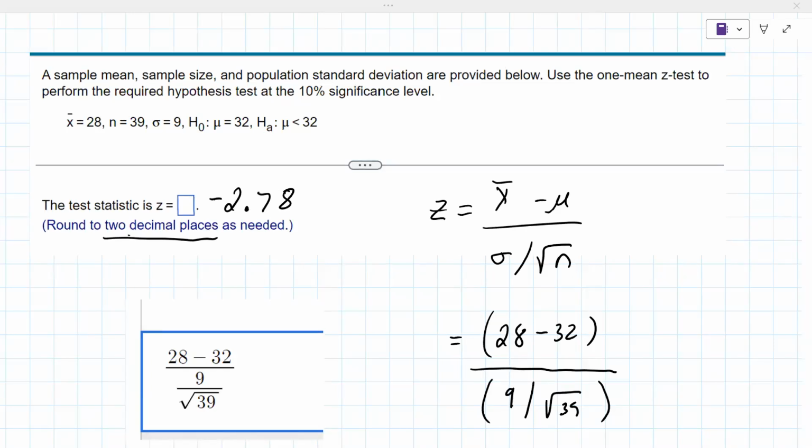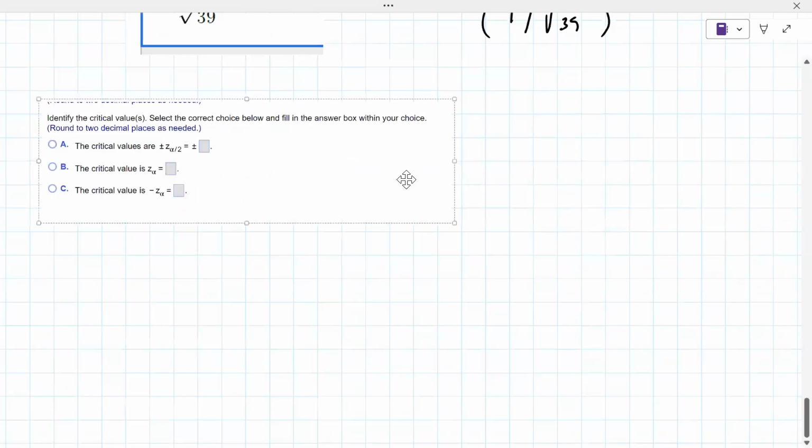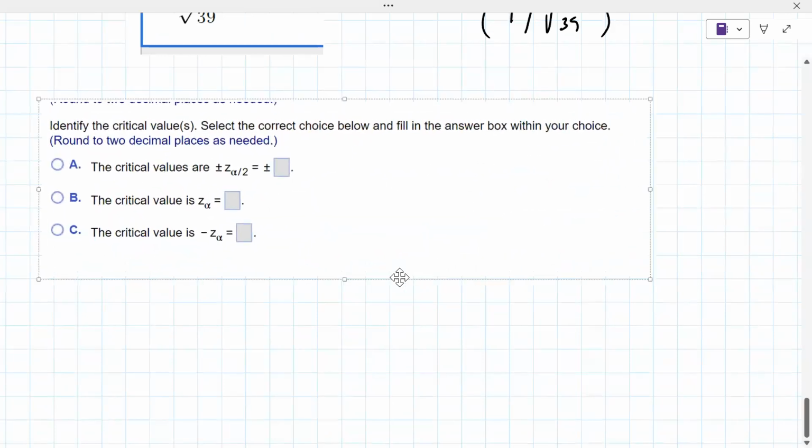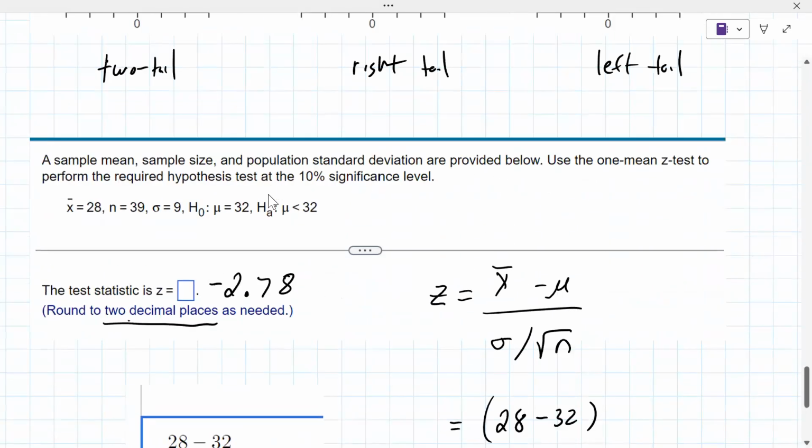Okay, all right. So let me enter that here. The next thing, this is the harder part, I think. I kind of do want to know if you're going to be able to use your calculator or the table, but this is now wanting the critical values. So we have to go back to this.